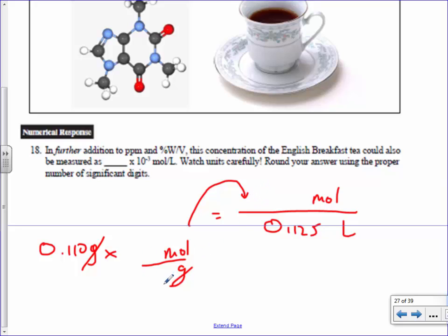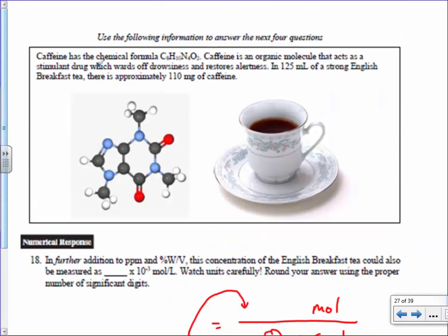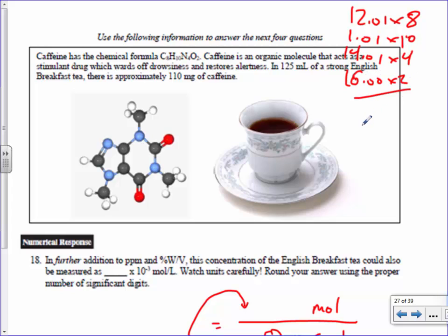So how do I find a molar mass? Yeah, add them all up, which I hid way at the top here. The formula for caffeine is carbon times 8, hydrogen times 10, nitrogen times 4, and oxygen times 2.